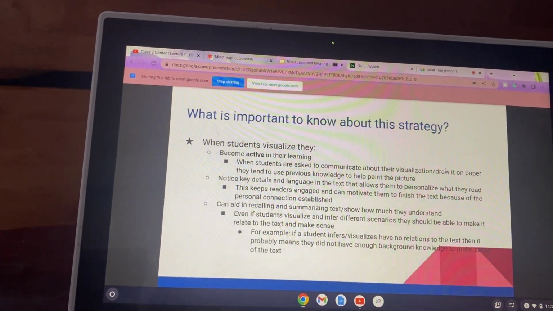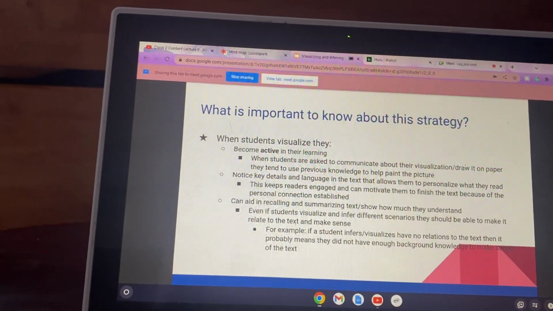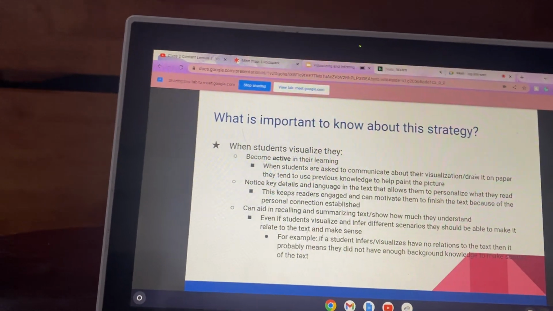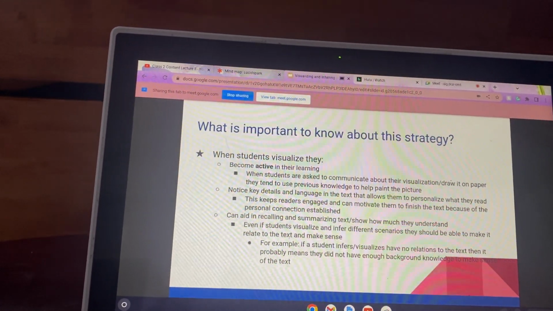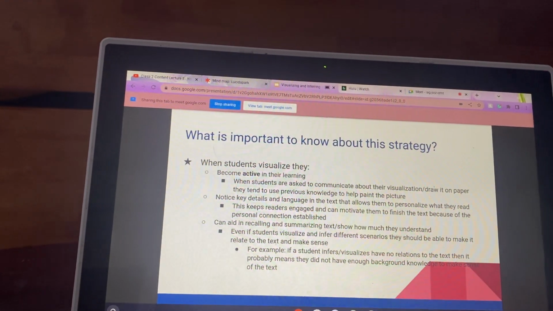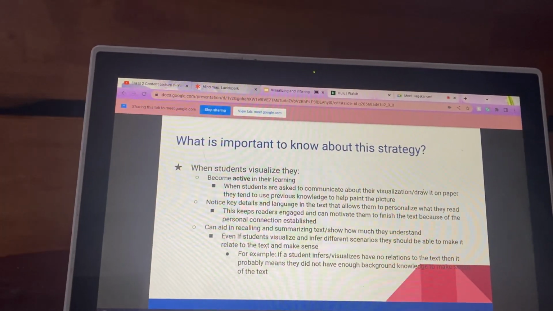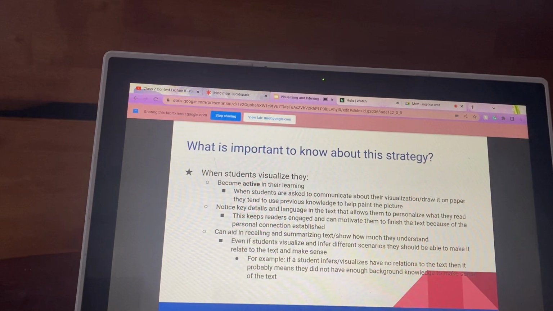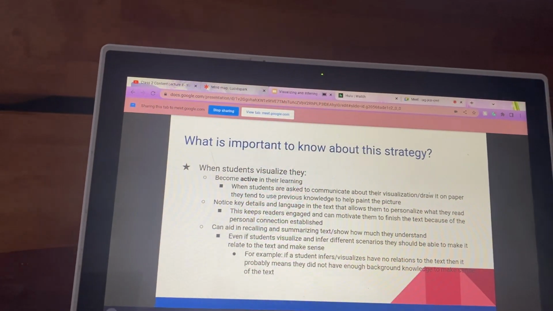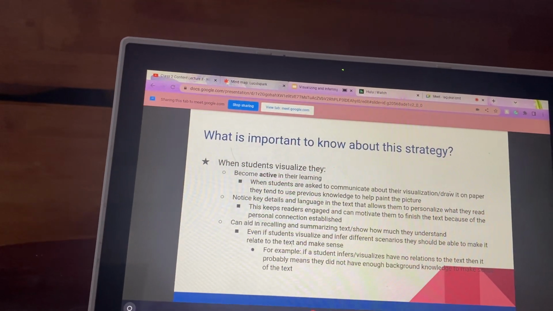So this helps keep readers engaged, and it motivates them to finish the text because of that personal connection established. It can also aid in recalling and summarizing the text to show how much they understand. So even if students visualize and infer different scenarios, they should be able to make it relate to the text and make sense.